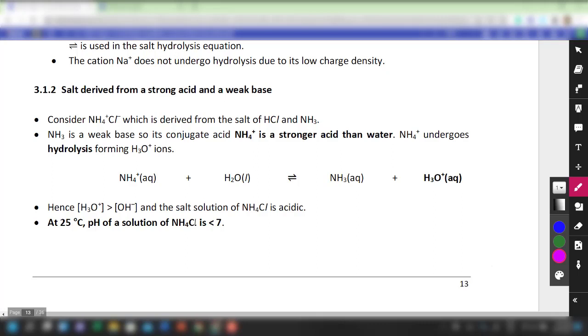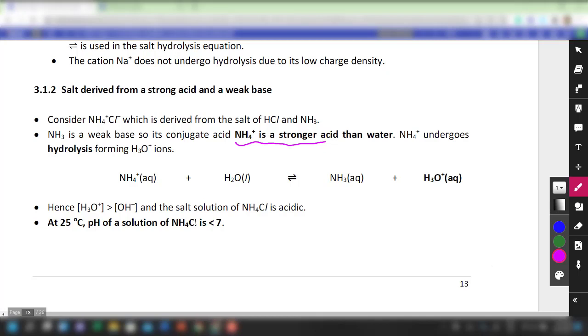Okay, for a strong acid and weak base, it's the same thing. That applies to many ammonium salts, because ammonium salts are produced from ammonia and a strong acid. Ammonium salts are acidic in nature because the ammonium cation is a stronger acid than water. Although it's a weak acid, it is a stronger acid than water. So strong and weak are relative.